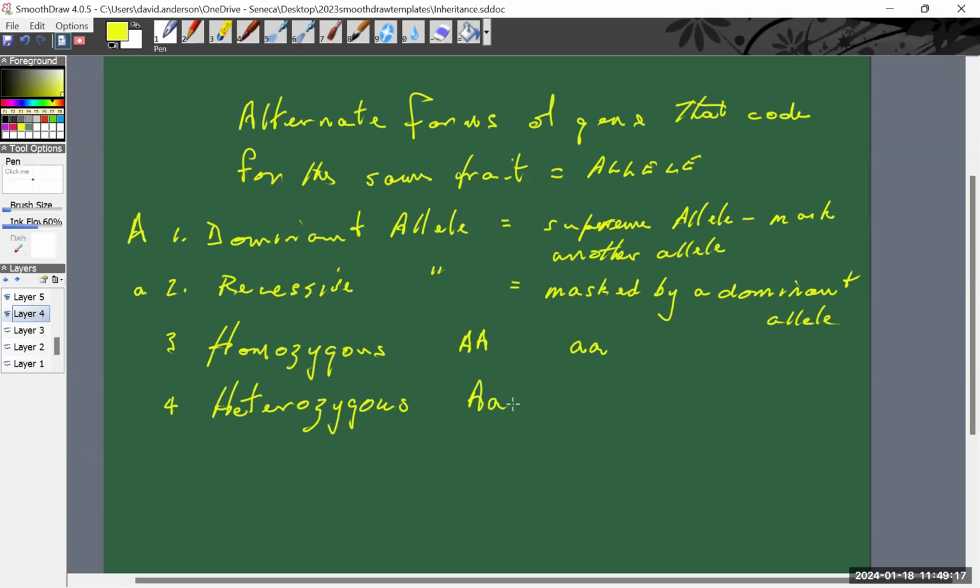If we said that the color brown was dominant over blue, which is true, then we would say that the person that has the double capital A is going to show up as a brown-eyed individual. The person with the lowercase aa would show up as a blue-eyed individual.